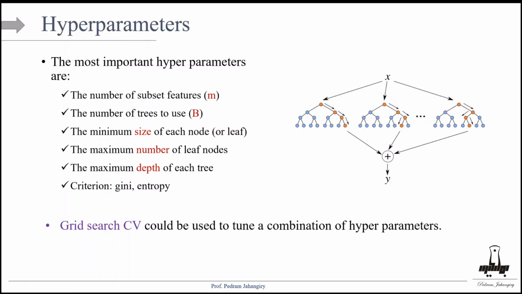But the new ones that we didn't see in decision trees are M and B. As you saw from the previous slide, how we choose M, the number of subset features, makes a big change in the performance of the model. Then the number of trees themselves, this is capital letter B. And in Python, it's called the number of estimators.